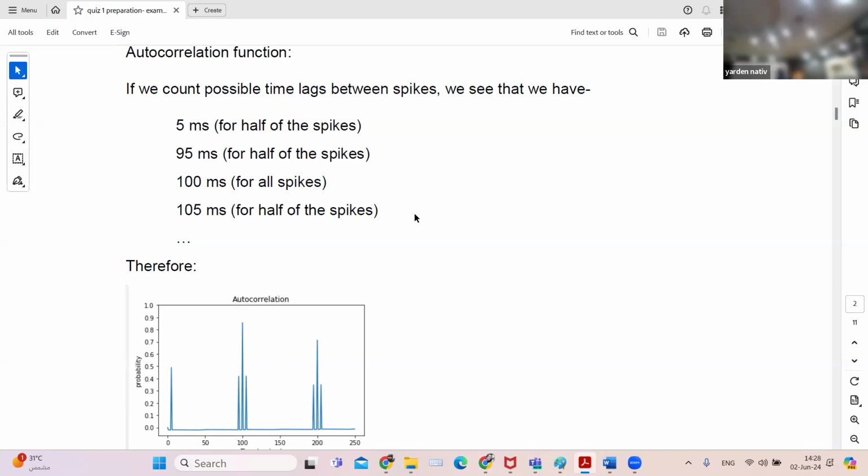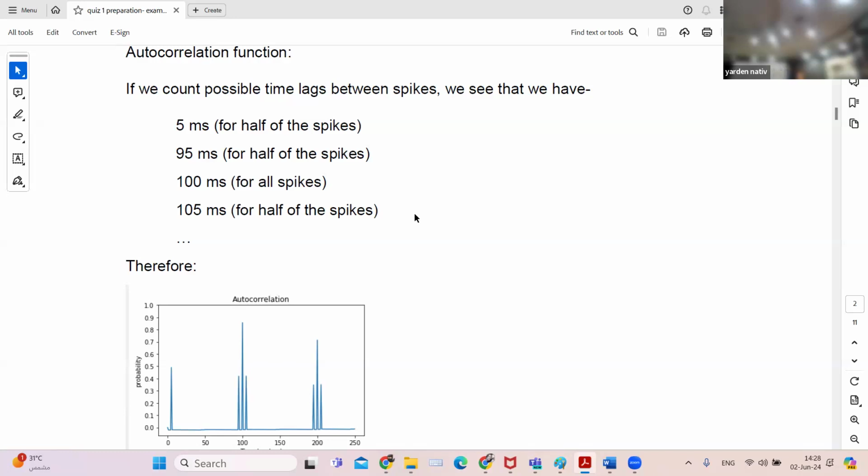Okay, and now what I want to show you is that another way to solve an autocorrelation problem is by copying your spike train and shifting it. Let's say that I shifted my spike train by 100. If I take the 100, I take it left, okay? So I have here 0, 5, and here 100, 105, and here 200 and 205, and 300 and 305.